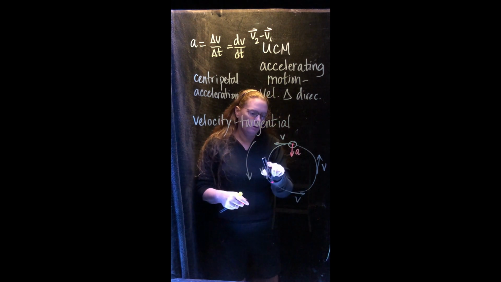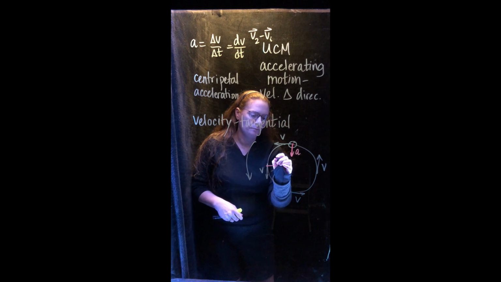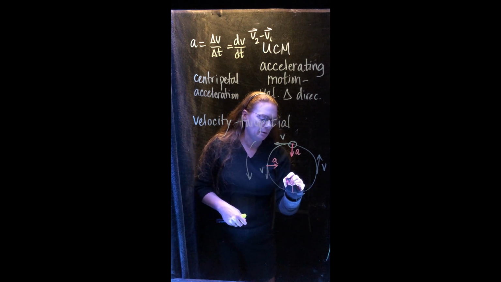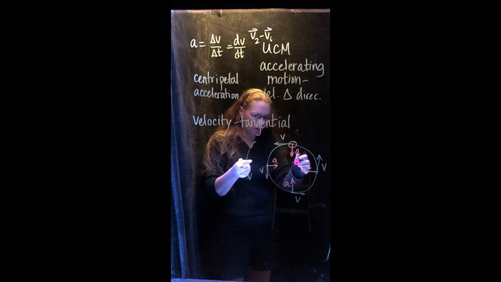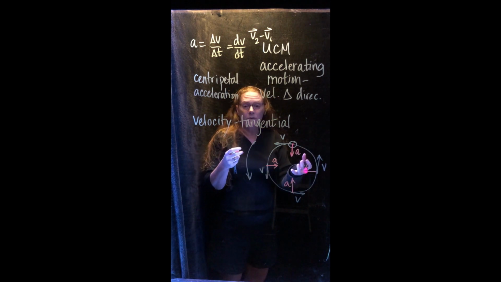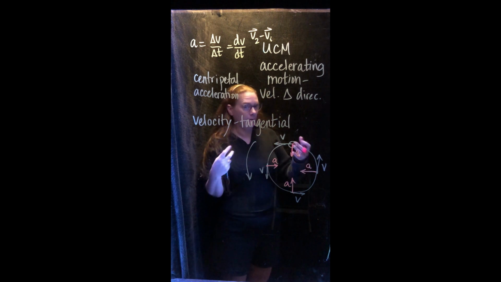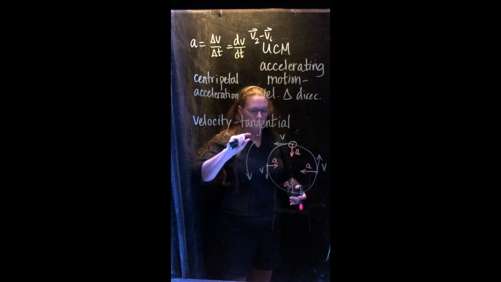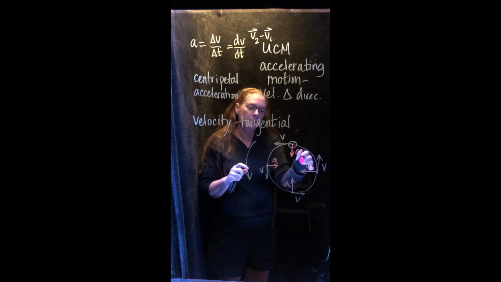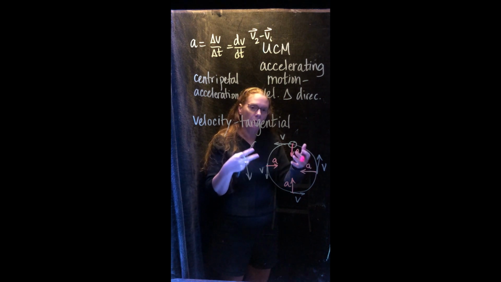When the fob is here, the lanyard's pointing that way. Same thing here. So the thing that's keeping it moving in a circle is a net force, which causes a centripetal acceleration. We see that that acceleration always points into the center of the circle.